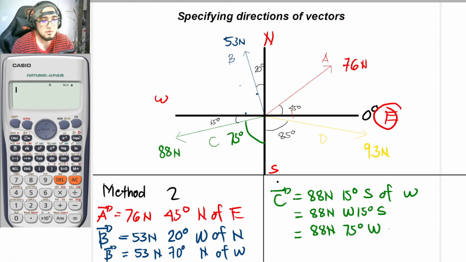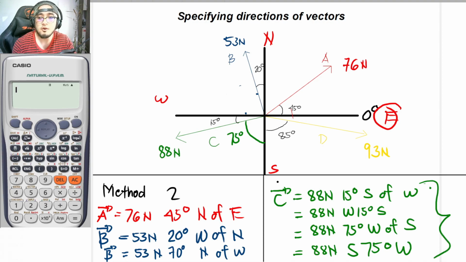So, W of S, or 88 newtons from south. So south, then 75 degrees west. So all of these are correct. So it would depend upon your decision, which of the following do you prefer.